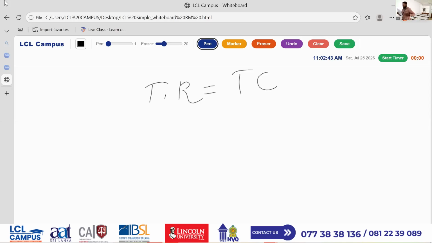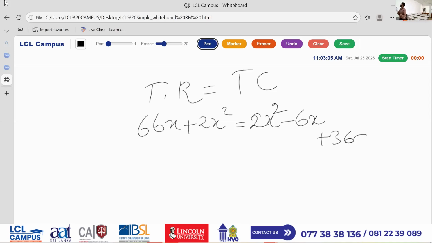X is the number of units produced per month. TR is 66x plus 2x squared. TC is what? 2x squared minus 6x plus 3600. While equating here, 2x squared will be cancelled. Right?